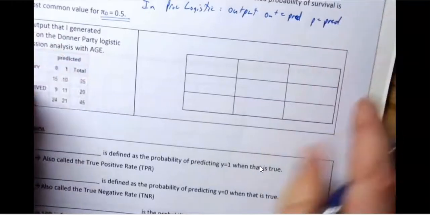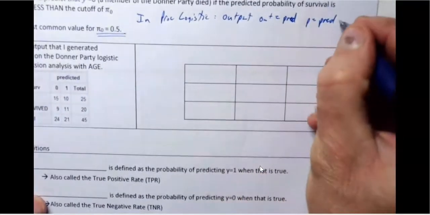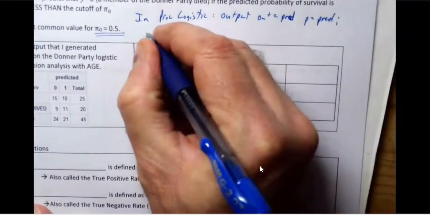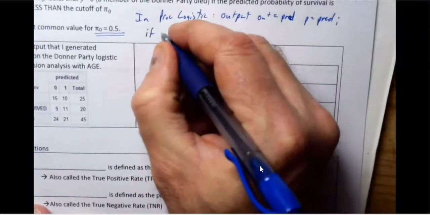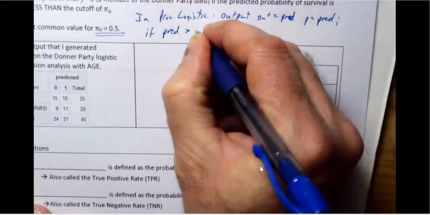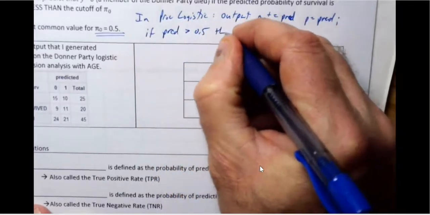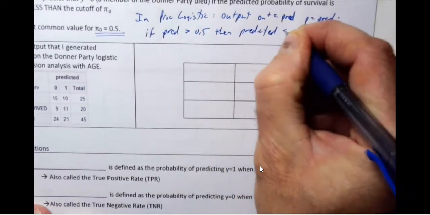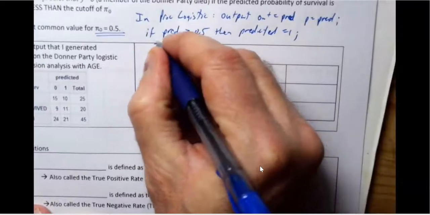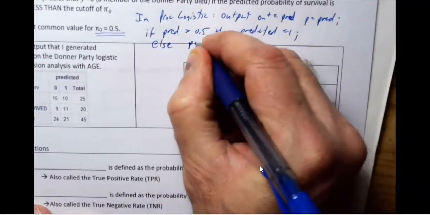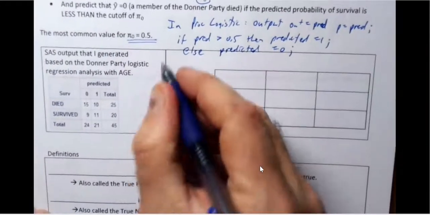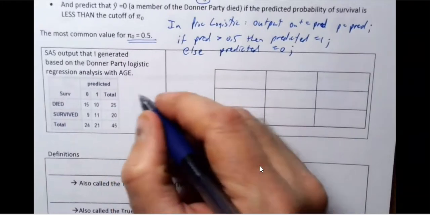I'm just going to call them both pred, the output data set and the predicted values, predicted probabilities. Okay. And then I'm going to say if pred is greater than 0.5, then predicted equals 1, else predicted equals 0. So that's how I'm generating my predicted survived or died. And that's how I get this table. Okay.